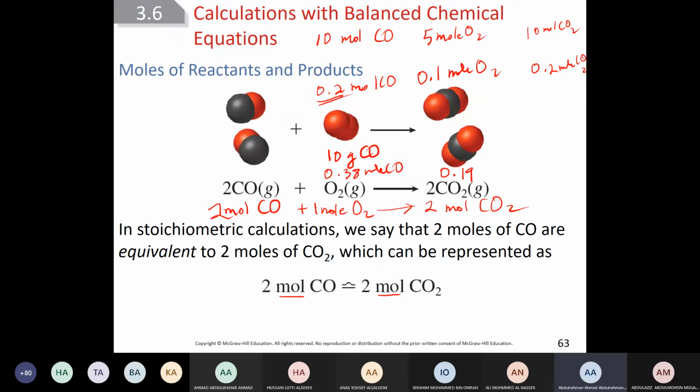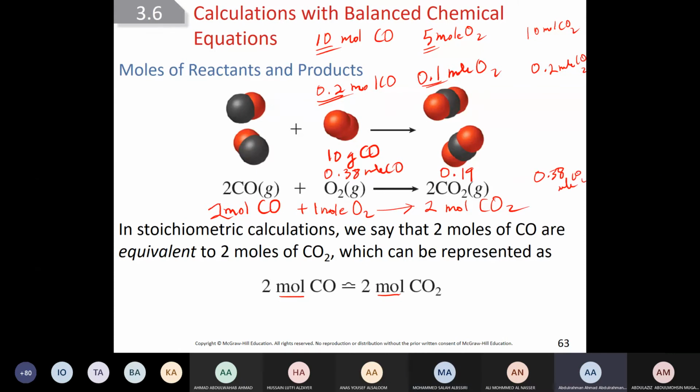Don't forget, we always divide by 2. Clear? And then, how many CO2 am I going to produce? 0.38 mole CO2.